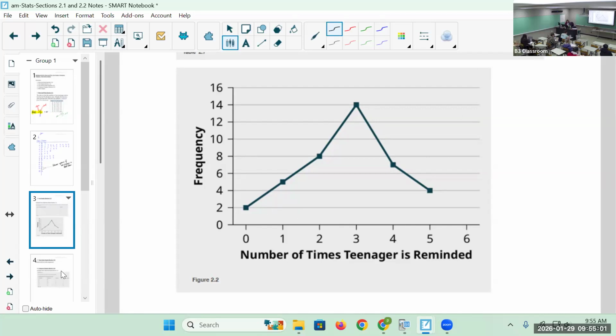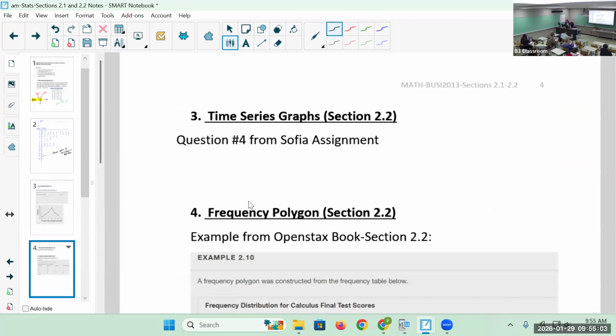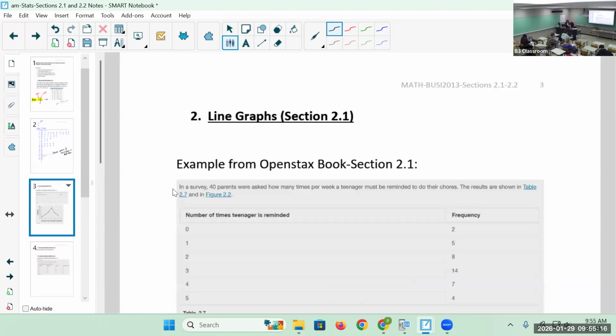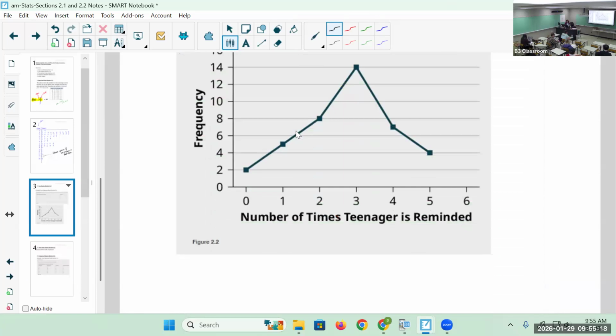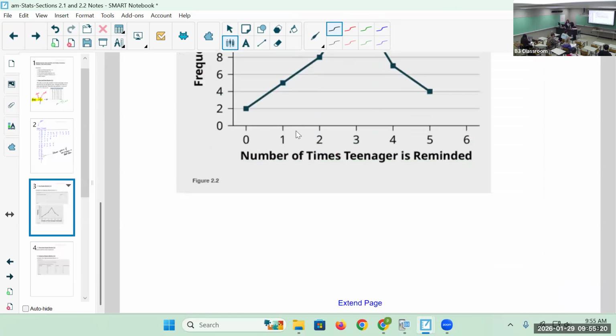Now, the next one is a time series graph. So before we actually look at Sophia, I had written in myself a note here to tell you. So on a typical line graph, let's come back over here, because you're going to start getting them confused.